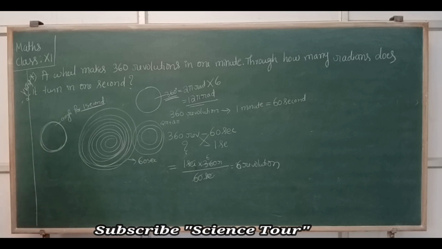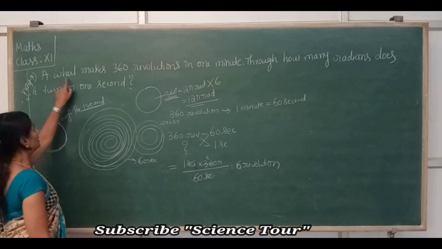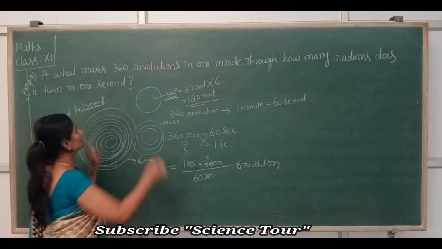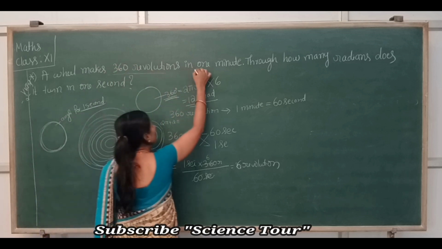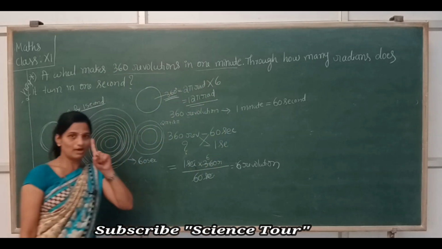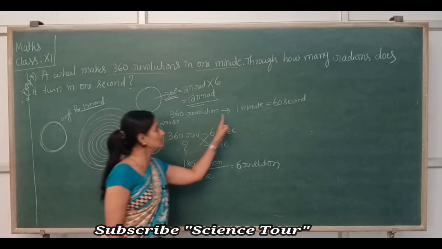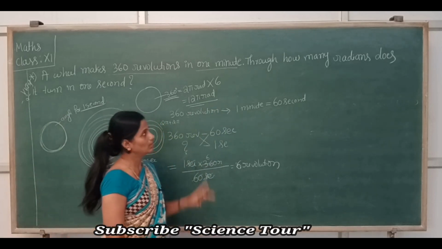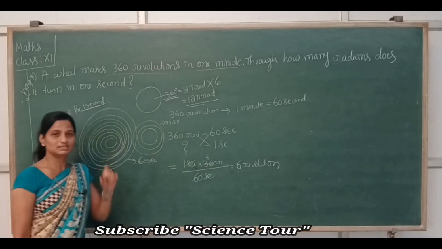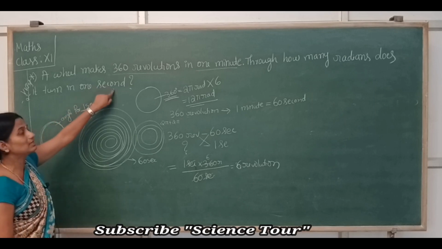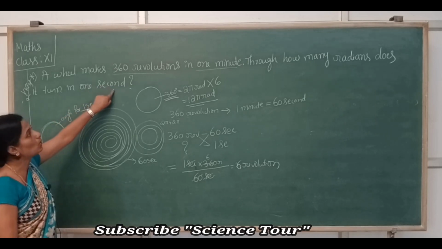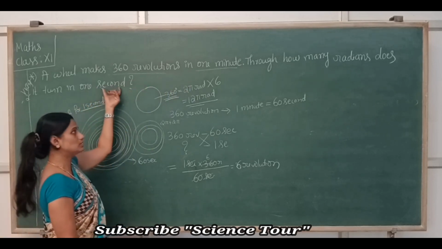Clear? First, a wheel makes 360 revolutions in 1 minute. For 1 minute, it takes 360 revolutions. How many radians is theta in 1 second? I need it for 1 second. So convert that minute to seconds.